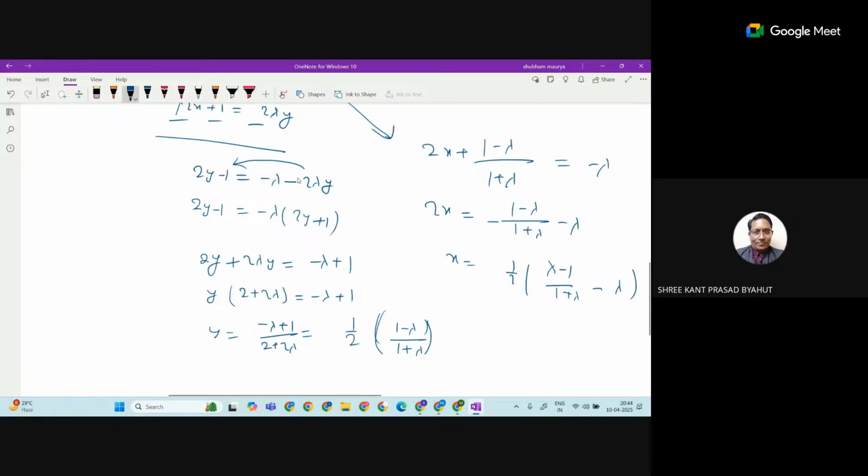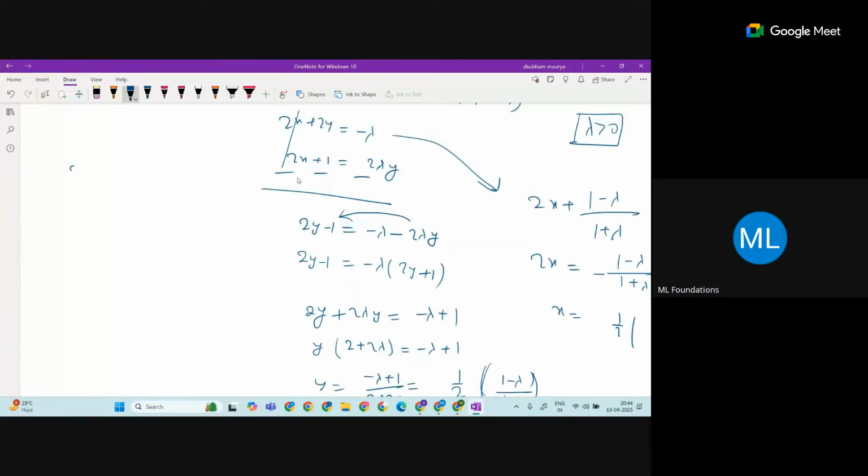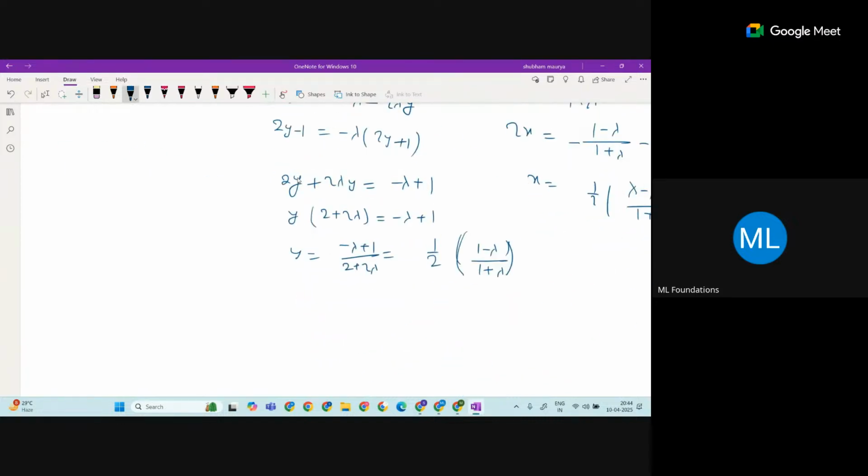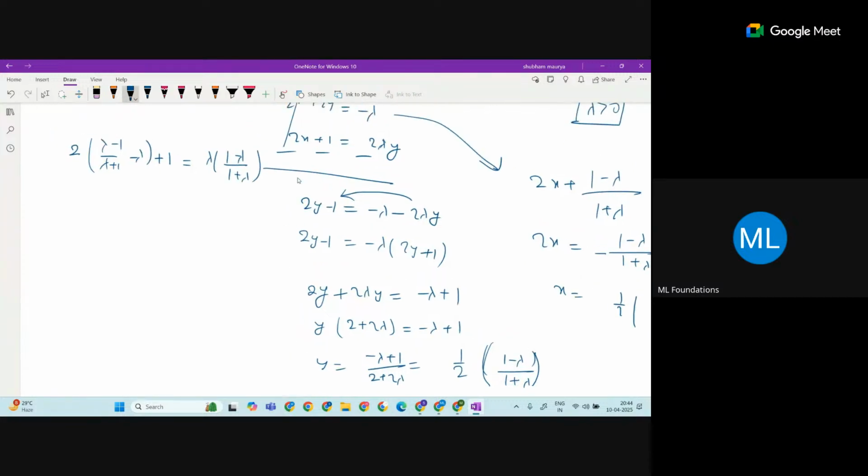Let's see how the lambda equation we are getting. So this is 2 and next is (lambda minus 1)(lambda plus 1) minus lambda plus 1, and this is 2 lambda, and the 1 by 2 will cancel out. Finally, lambda times (1 minus lambda) equals 1 upon lambda. This is what we have.